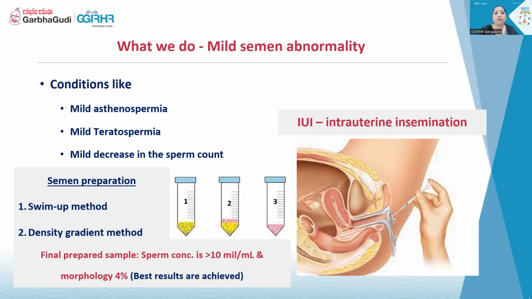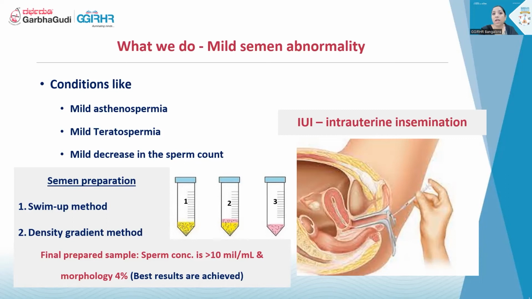And the thing for IUI would be, the prepared or final sample should have at least more than 10 million sperms per ml, and the morphology should be at least 4%. So this IUI is close to normal conception. It's just that we are bypassing or eliminating any hindrances like zinc or prostaglandins, washing out all the immotile sperms, and the sperm washing media helps in activating the sperms, the capacitation.